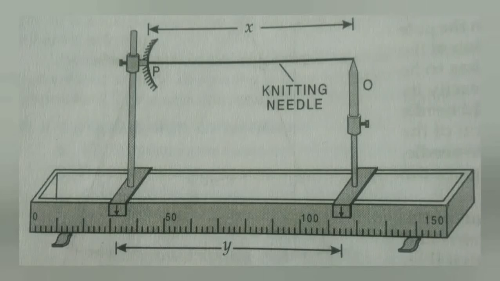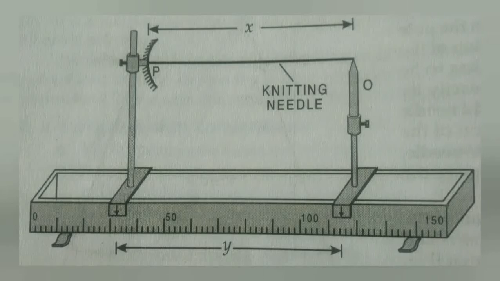The heights of the two uprights are adjusted so that the tip of the needle O is just in line with the center or the pole of the lens or the mirror. Then the knitting needle is held between the mirror or the lens and the needle O so that its one end touches the center of the mirror or the lens and the other end touches the tip of the object needle.